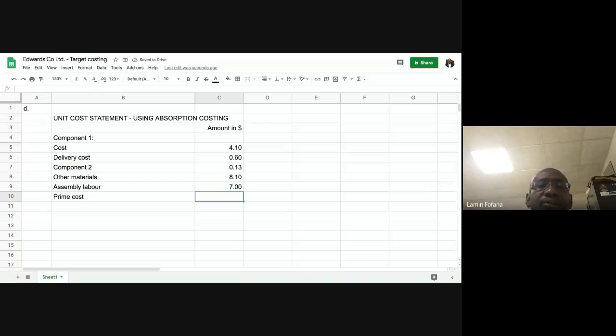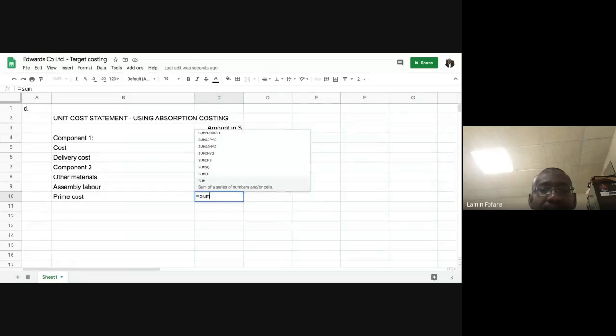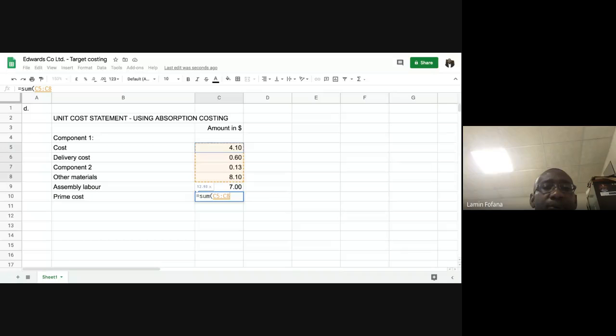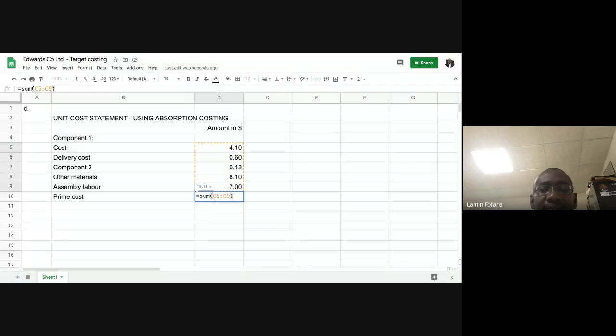Equals sum, bracket opens, C5 to E9. We enter. Good. So far, so good. Any questions, everybody?